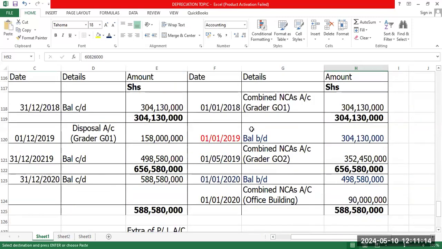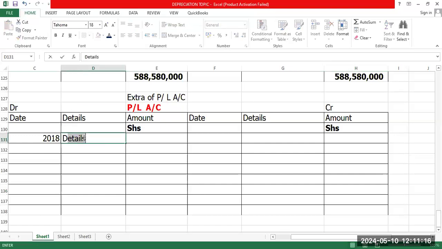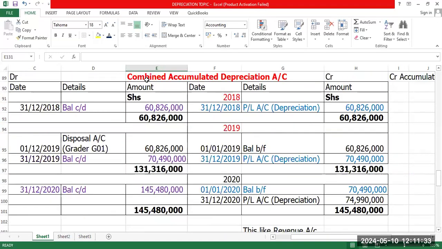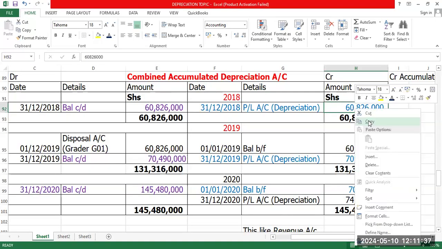So it means here you have depreciation. This is like the depreciation account. And that is the figure. You come here where we have combined accumulated depreciation, you copy this figure.